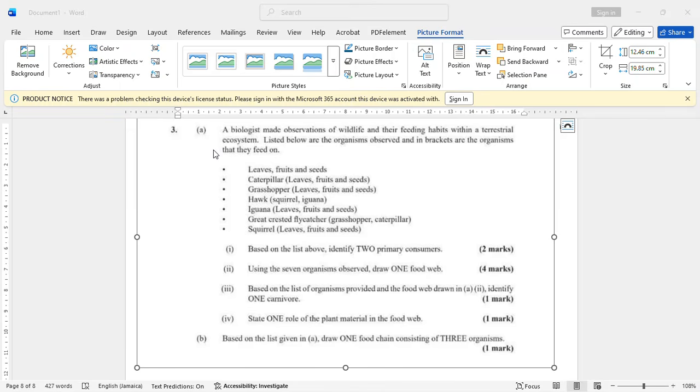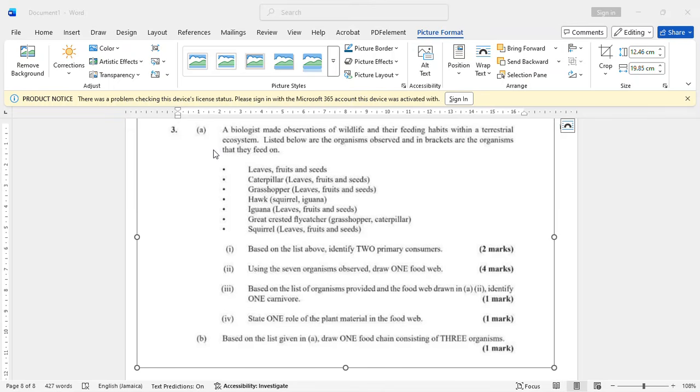So we have the leaves, the fruits, and the seeds, while we have the caterpillar feeding on the leaves, the fruits, and the seeds. We have grasshoppers feeding on the leaves, the fruits, and the seeds. We have a hawk who is feeding on the squirrel and the iguana. We have the iguana who is feeding on the leaves, the fruits, and the seeds.